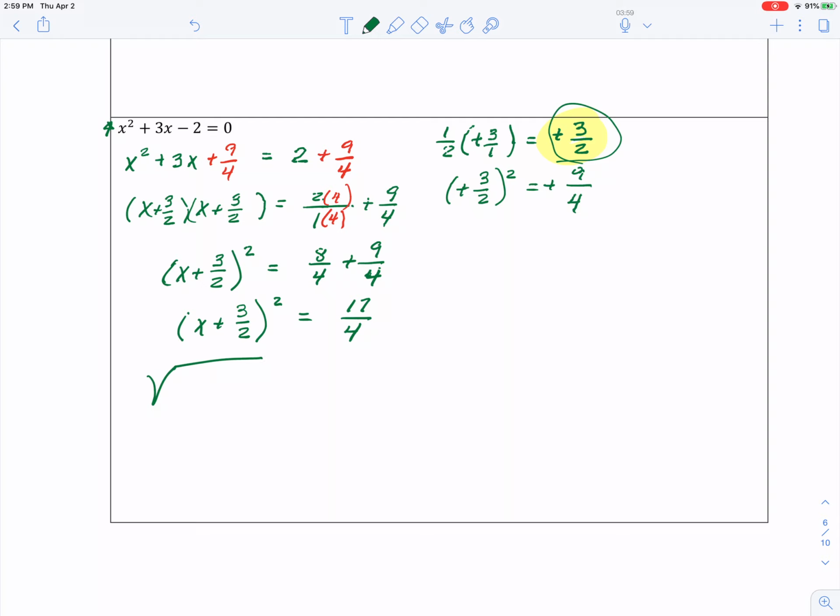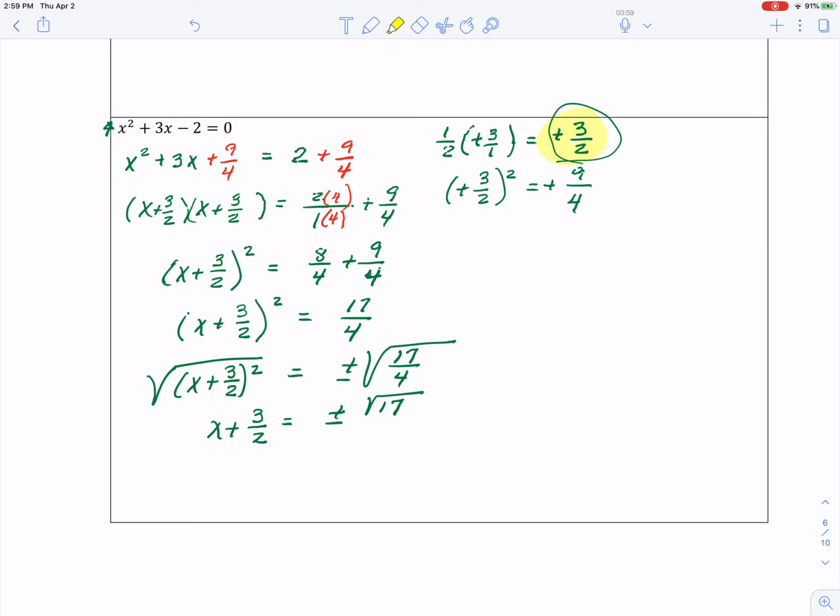This is where I want to take the square root of each side. And this is similar to the other one, so I hope your mind is working a little bit ahead here. On the left, I have x plus 3/2. On the right, I have plus or minus the square root of 17.